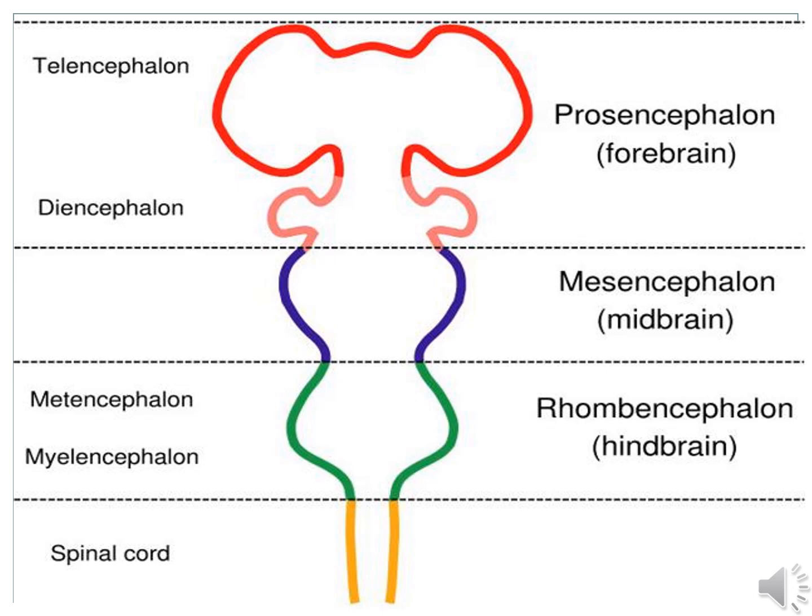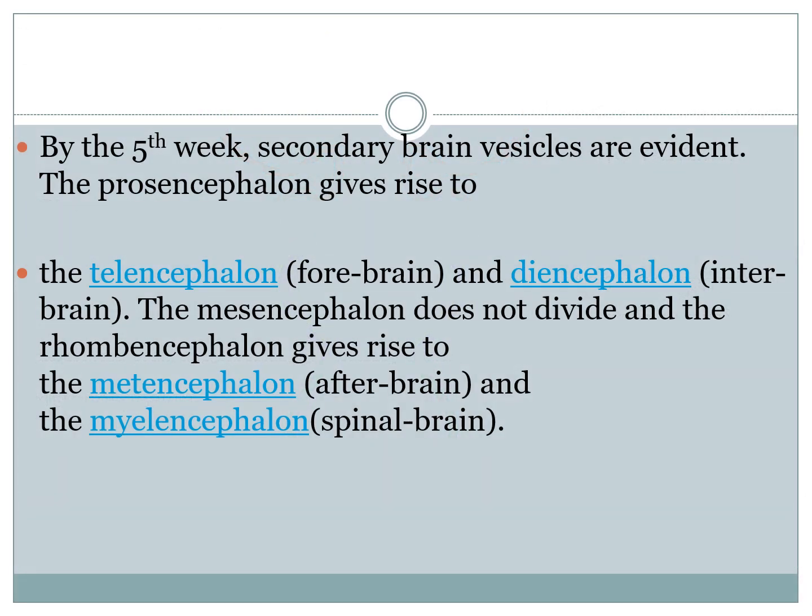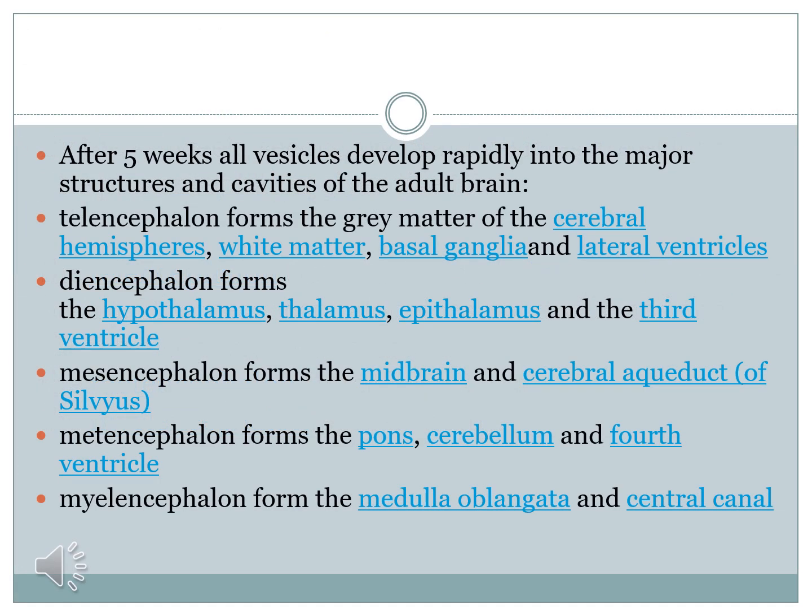The mesencephalon will stay as it is, and the rhombencephalon will form the metencephalon and myelencephalon, and the remaining will form the spinal cord. By the fifth week, the brain tissue is dramatically seen as vesicles, and these vesicles will further differentiate to give other major structures and cavities of the brain.